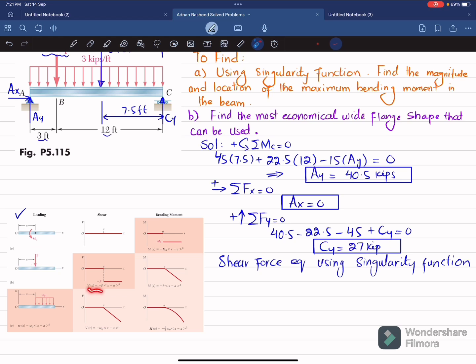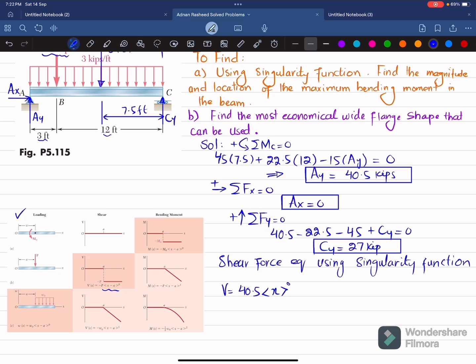So the shear force equation is minus P into x minus a power 0, where a is this distance. For this AY, a is equal to 0 and this load is upward. So I will write V will be equal to AY, which is 40.5, into x minus a. So a is equal to 0, so x power 0.